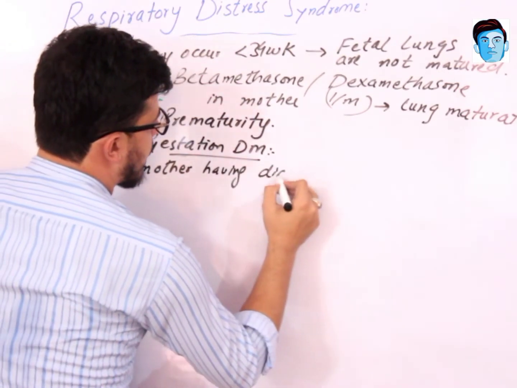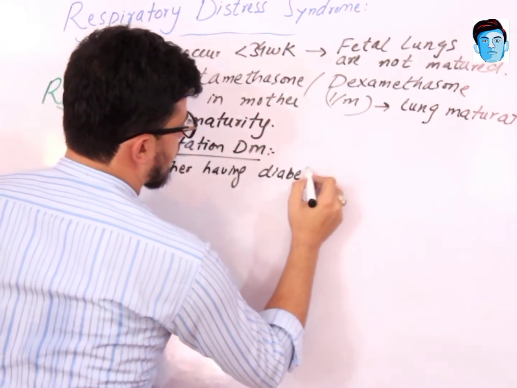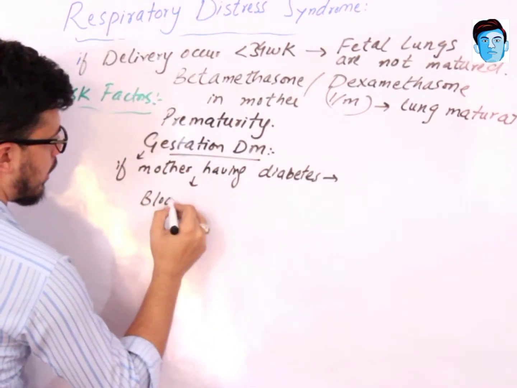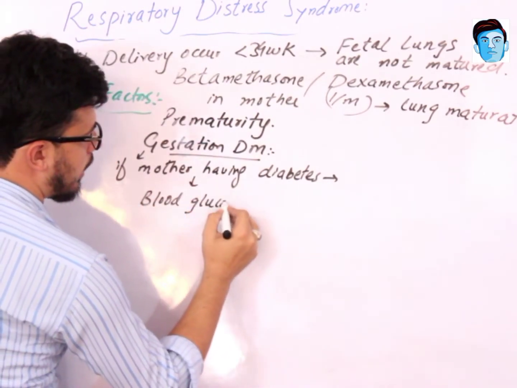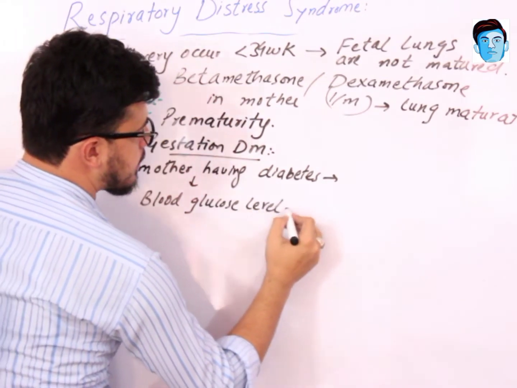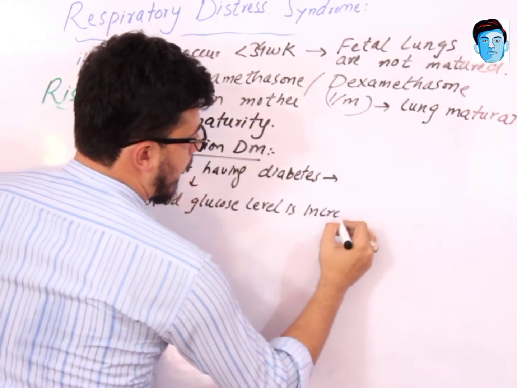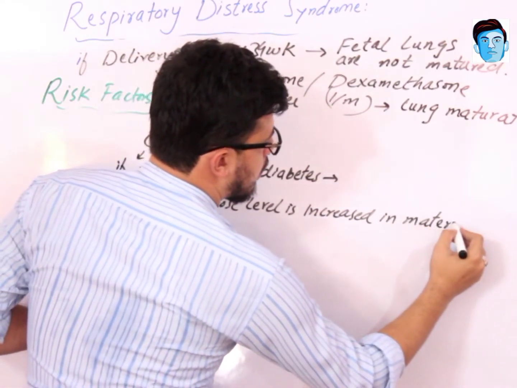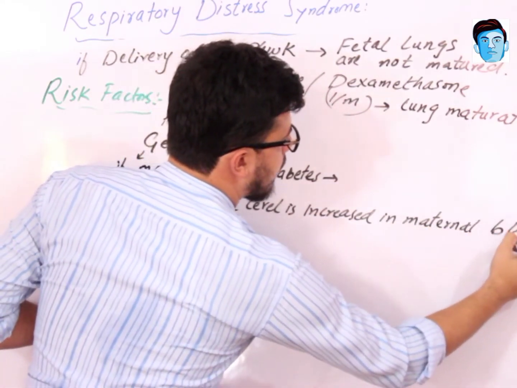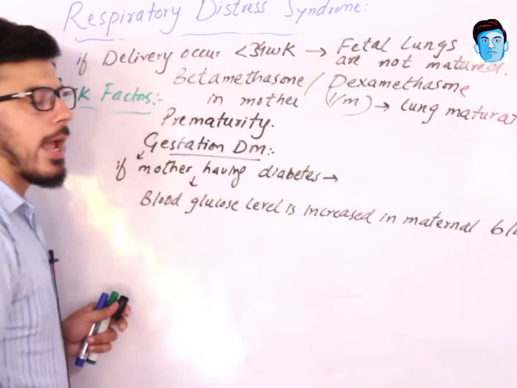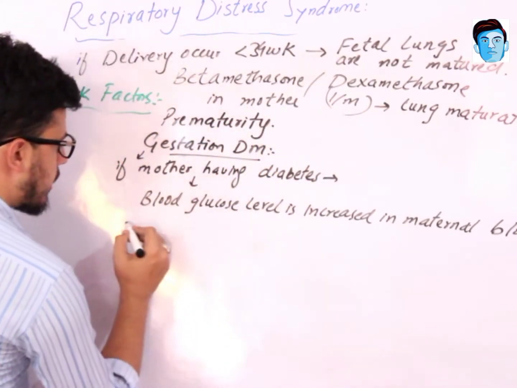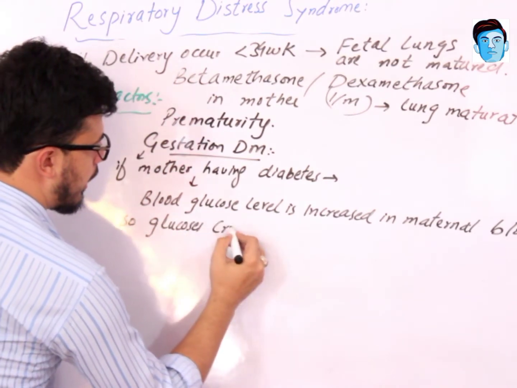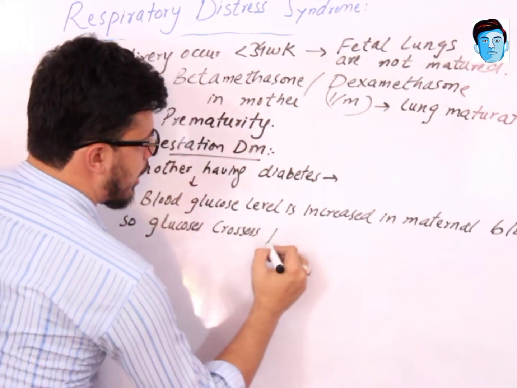In that case, the blood glucose level is increased in maternal blood. So the glucose crosses the placenta.